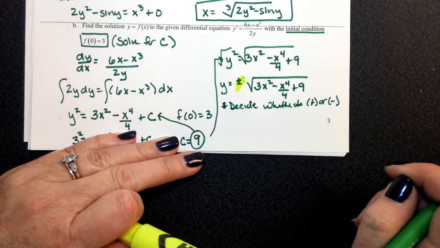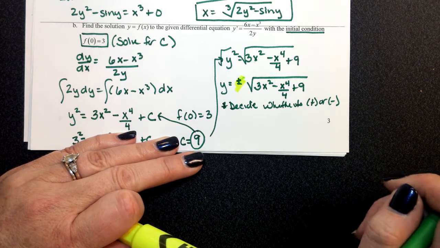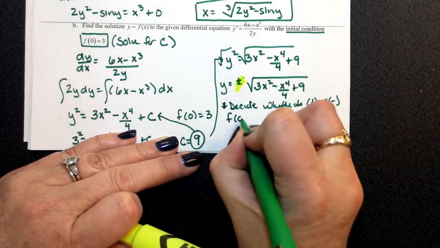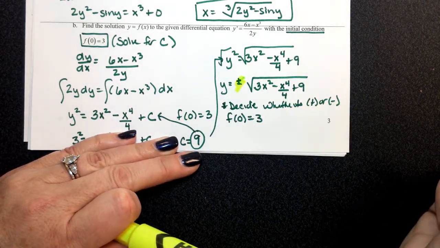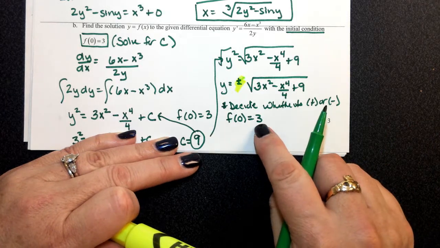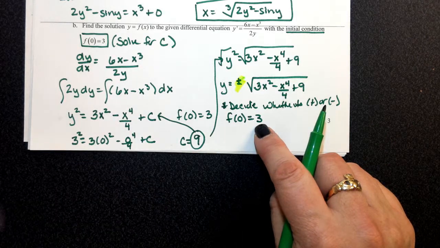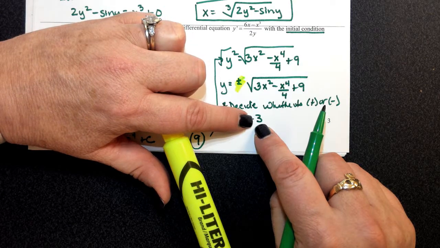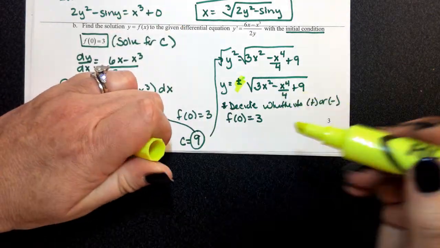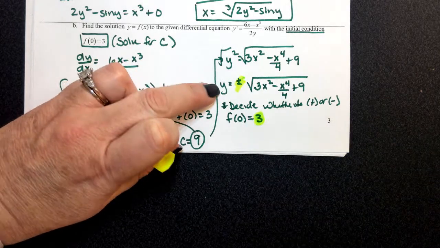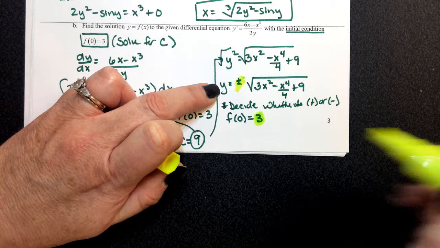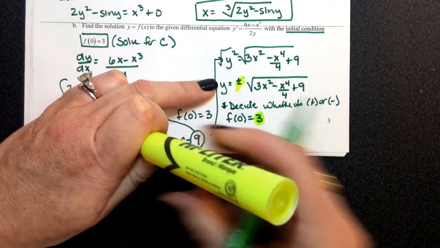The way you decide which one it's going to be is to go back to the initial condition that's given. So they're giving you the initial condition of f of 0 is equal to 3. Remember, 3 is your y value. Is that positive or negative? Positive. So since your y value is positive, and this equation is set up in the form of y equals, all your y values have to be positive.